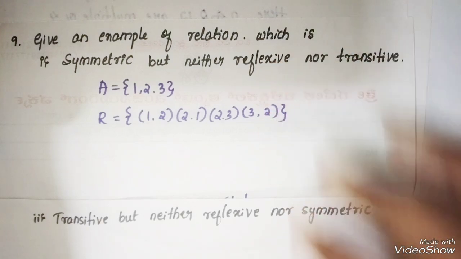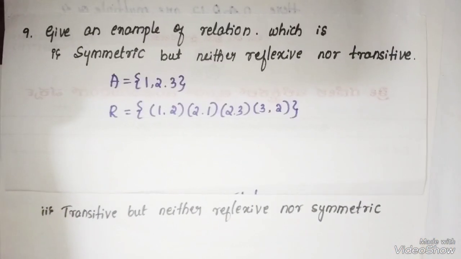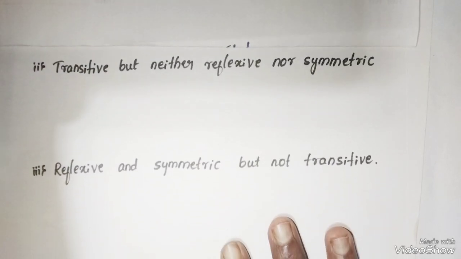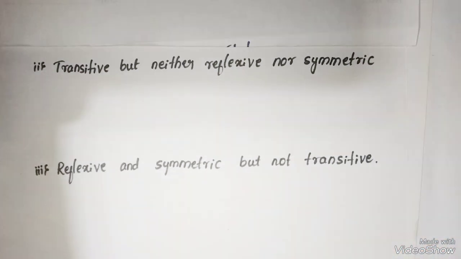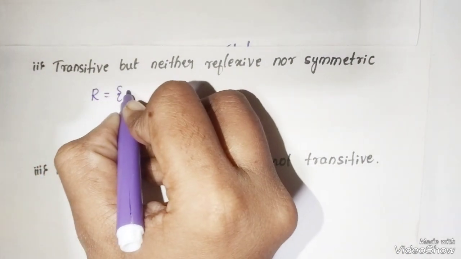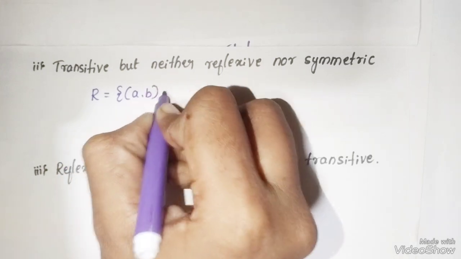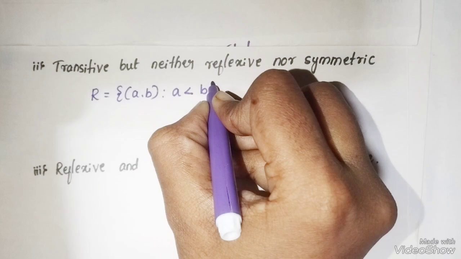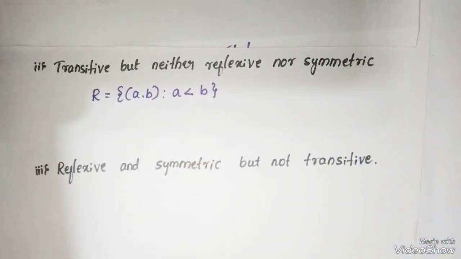The second condition is transitive but neither reflexive nor symmetric. Here we write the relation R equal to the ordered pairs (a, b) such that a is always less than b.